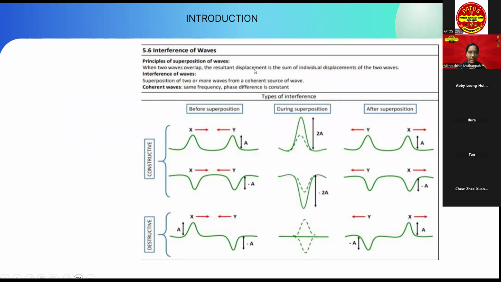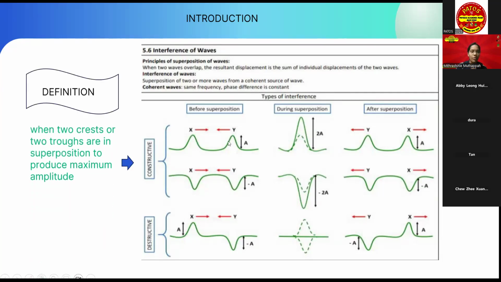Well, what they're trying to say is the resultant displacement, which is the result of combination of two waves, is the sum of individual waves, which means when these two waves combine, we get the resultant displacement either in a positive value, which we call constructive, or in a negative value, which we can also call destructive.